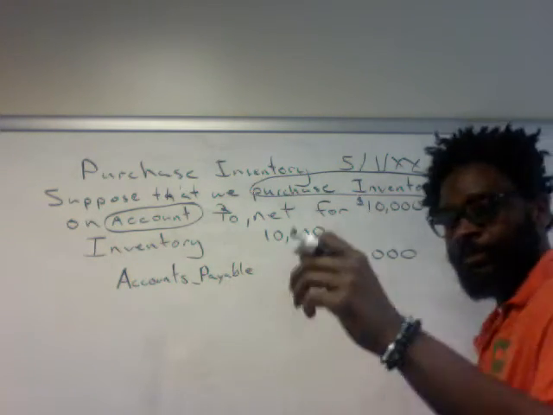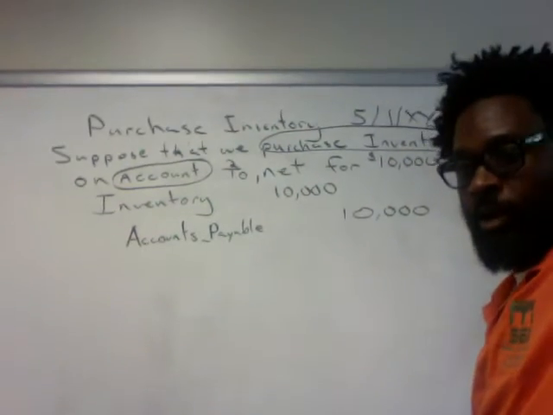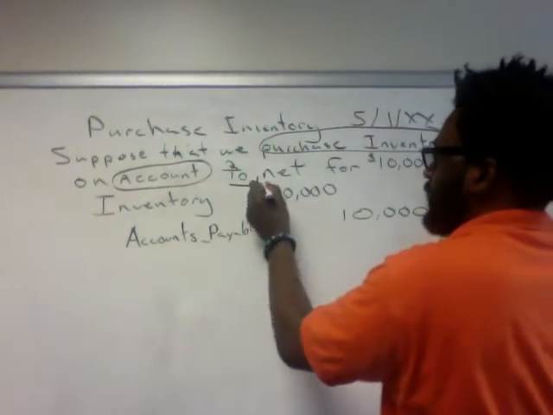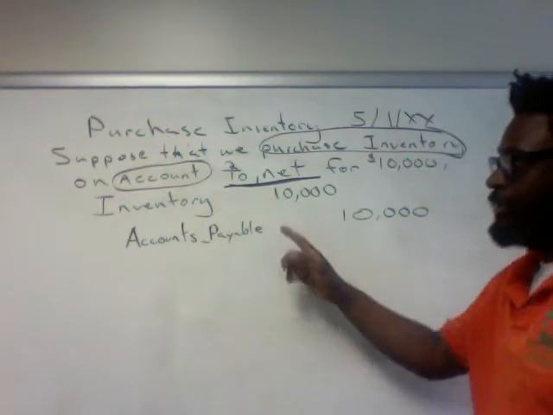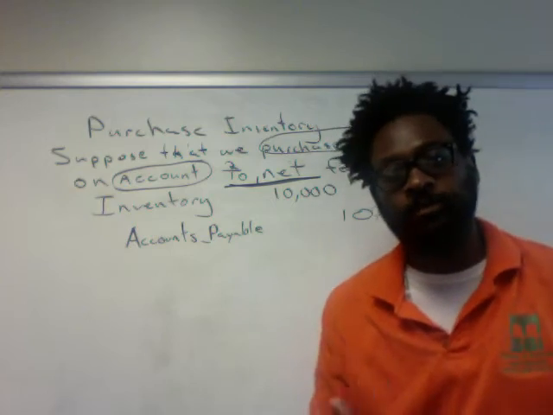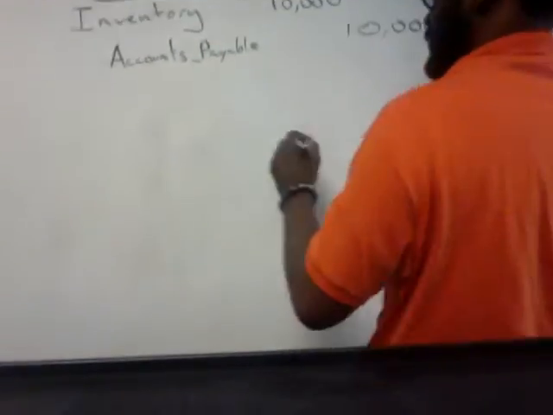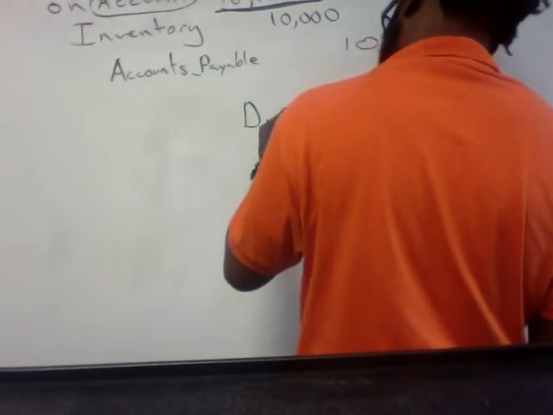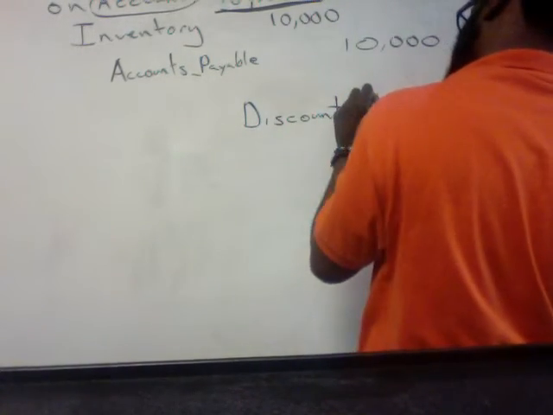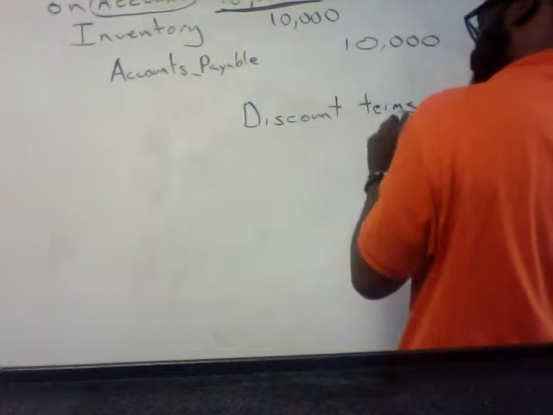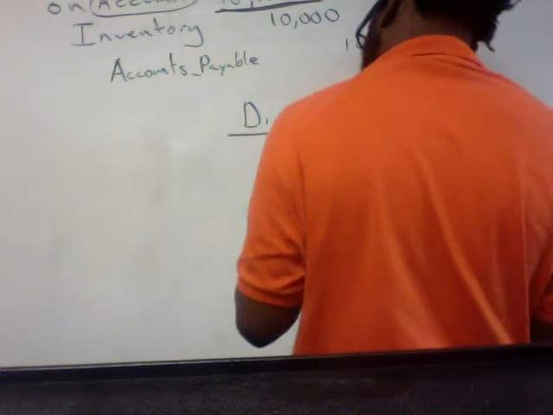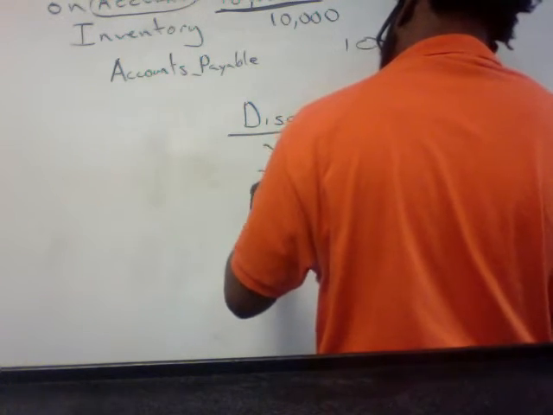But let's simultaneously address what 2/10 net 30 is, because this is very important. 2/10 net 30 is what we call discount terms. Discount terms. And so I'll give you a couple of other examples of discount terms, and we can explain this accordingly. So I'll give you a few examples. We're going to take the 2/10 net 30.